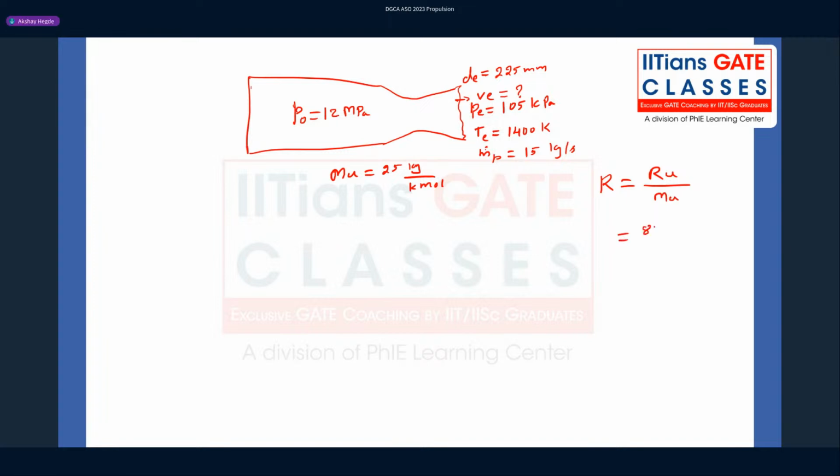So the universal gas constant is 8314 joules per kilomole per Kelvin, divided by the molecular weight, 25 kg per kilomole.